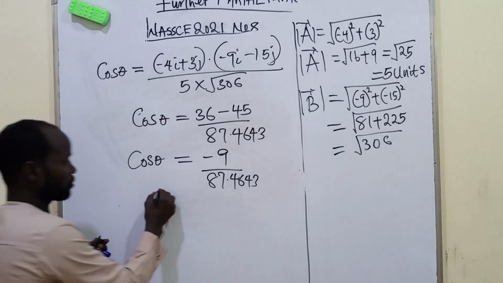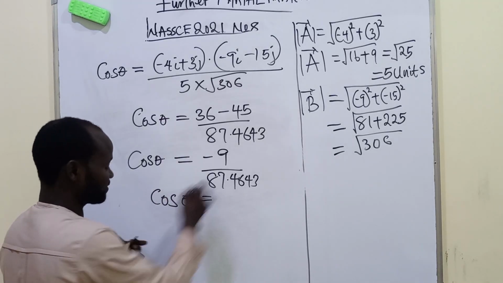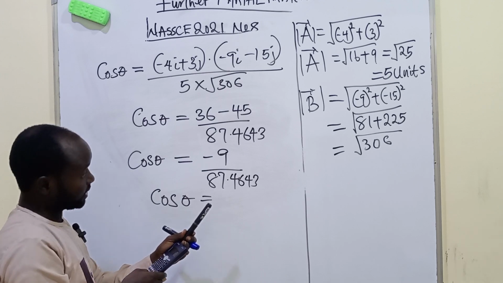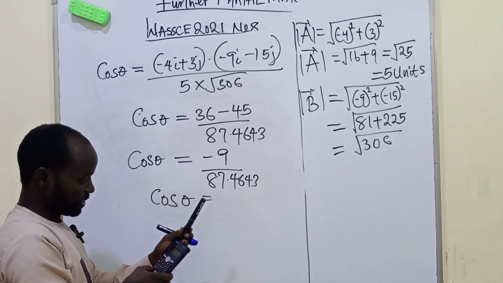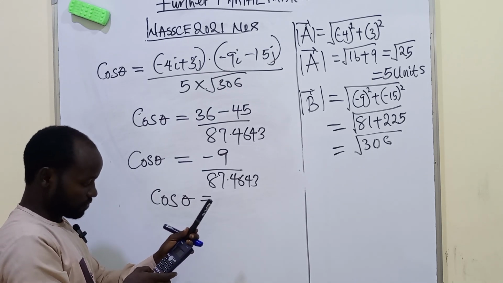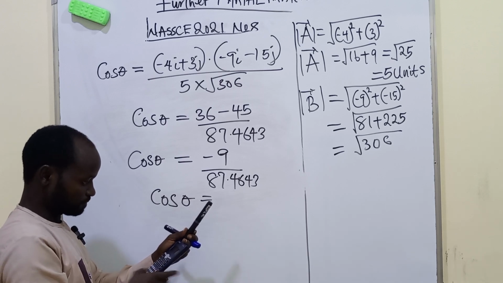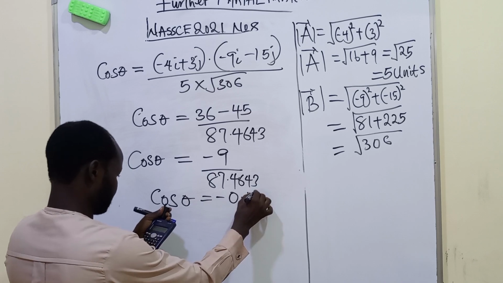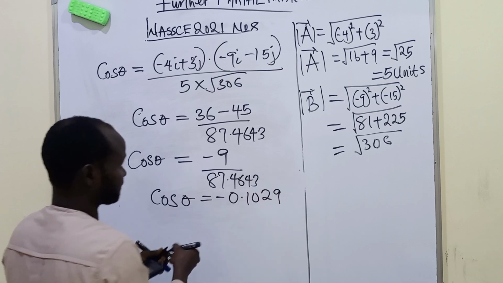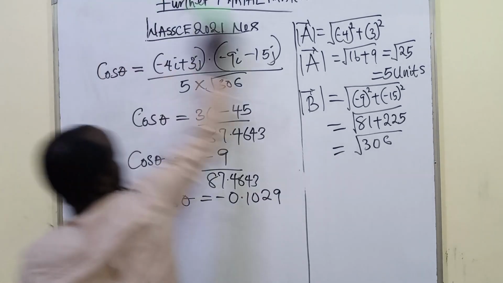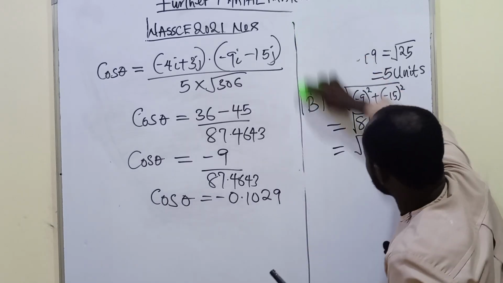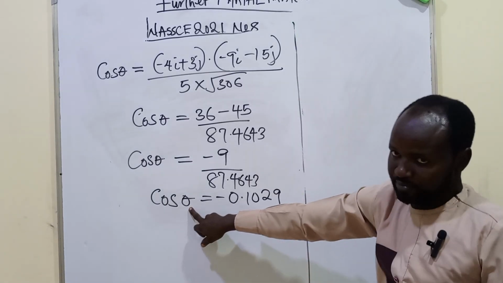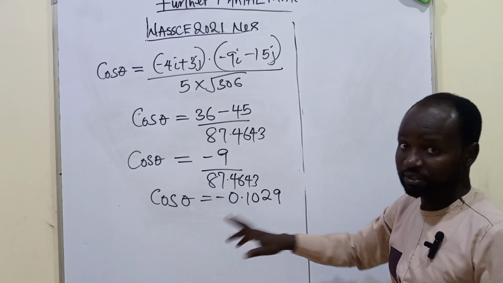Let's divide this before we find the cos inverse. -9 divided by 87.4643 will be -0.1029 to 4 decimal places. Our aim is to find theta, which is the angle between the two vectors.